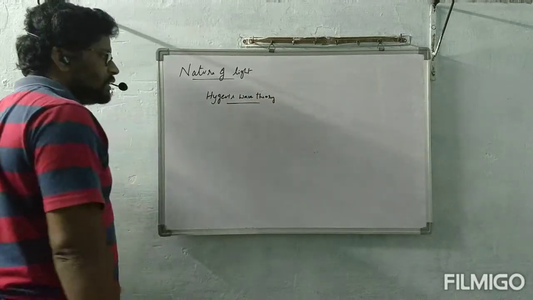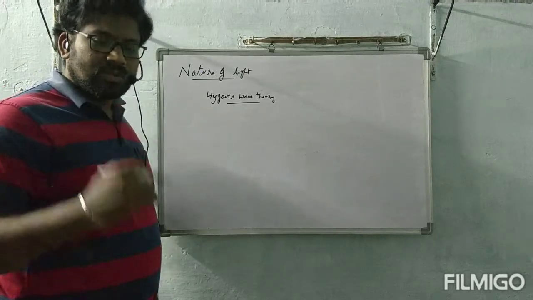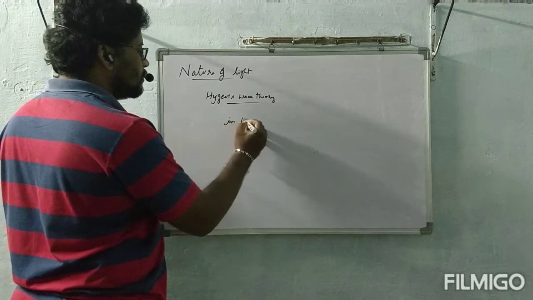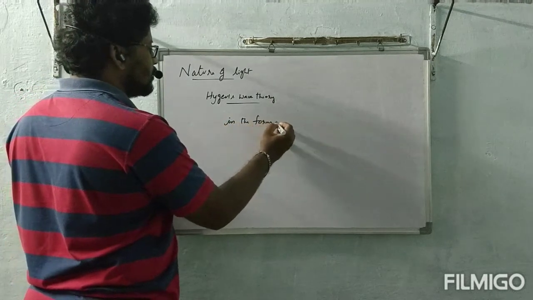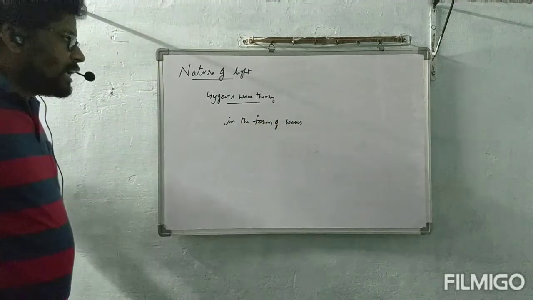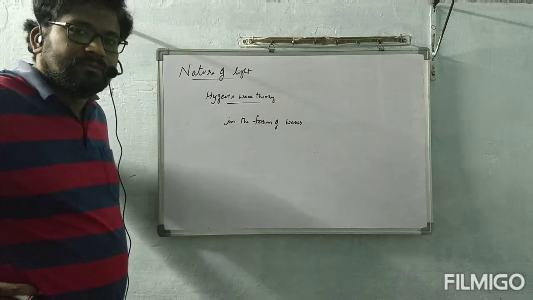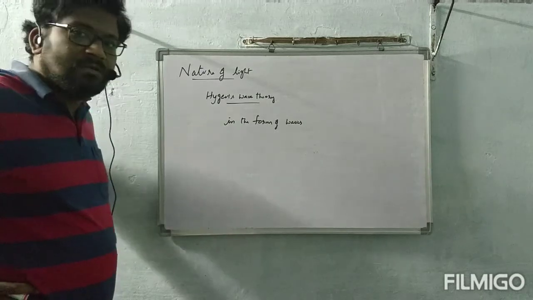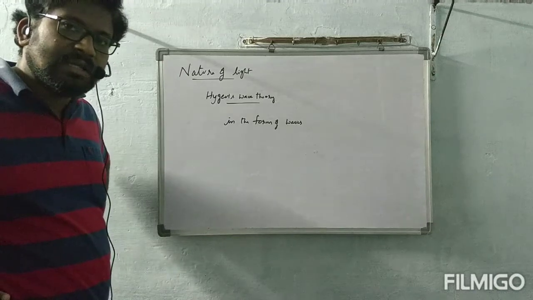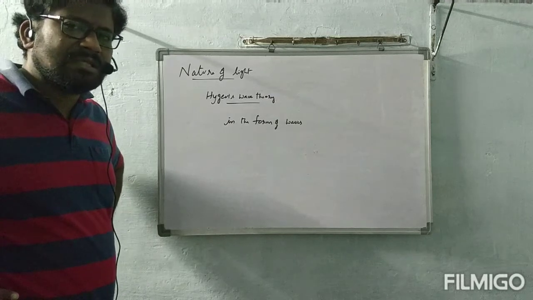According to this Huygens wave theory, light will travel from source to object in the form of waves. He considered the wave nature of light, so he explained diffraction, interference, and all the wave properties.